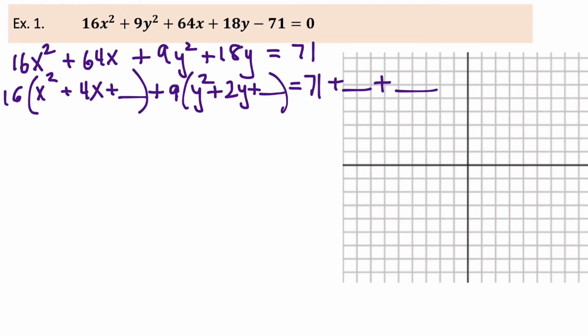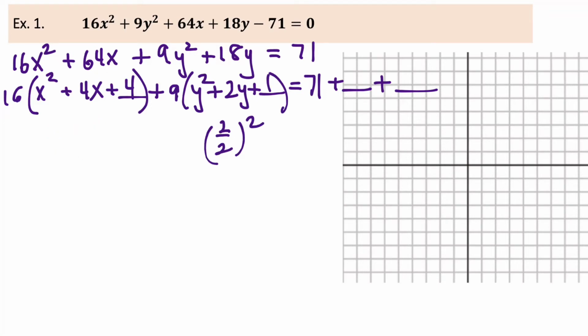So now I take my 4 in the middle, I divide it in half, which is 2, and I square it and I put 4. All right, let's figure out what the other one is. So I take 2, divide by 2, and I get 1, square it, and I get 1.